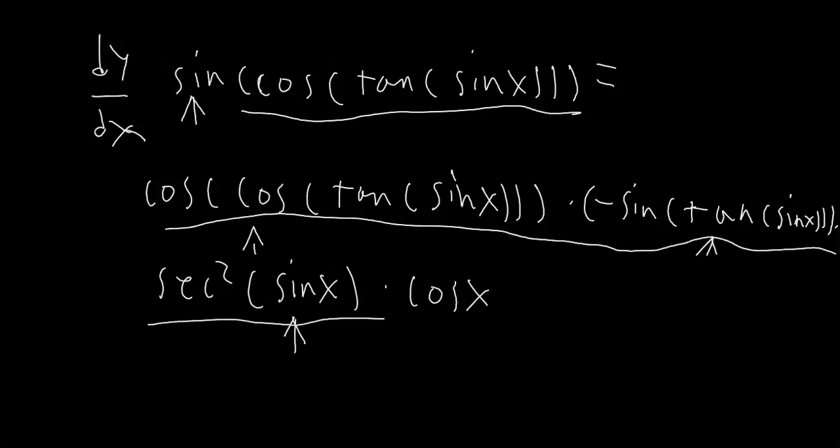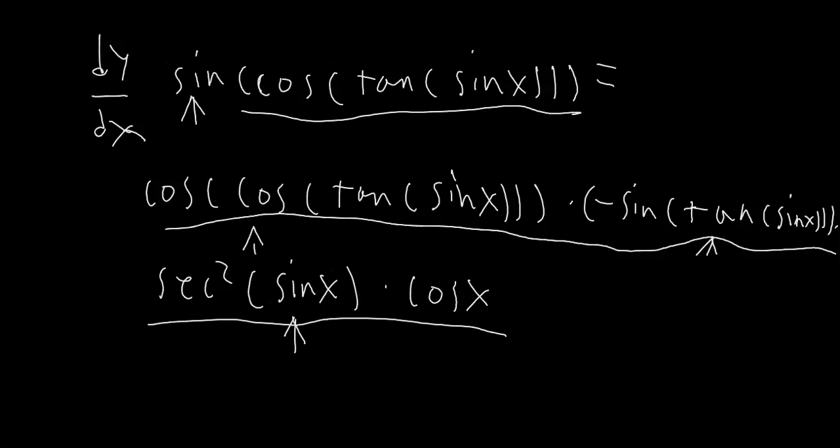It's a very big process, but if you just identify taking the derivative of the outside function first, plugging in all your inside function values, then taking the derivative of the inside function, and then again outside, inside, outside, inside, it's like a pattern.